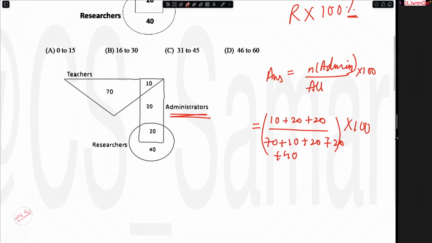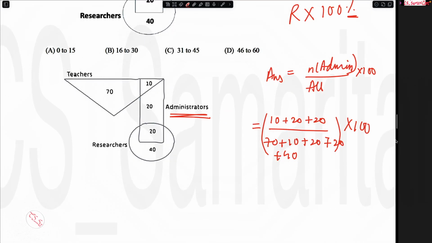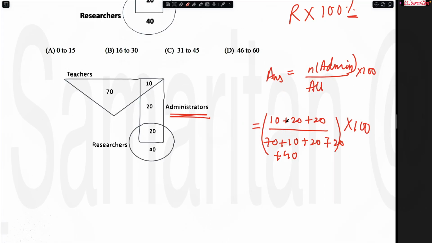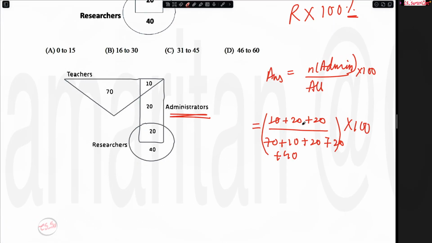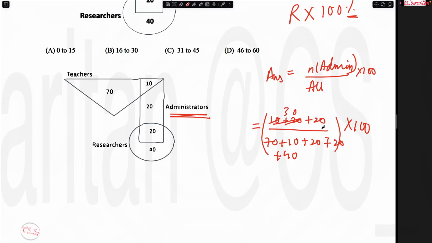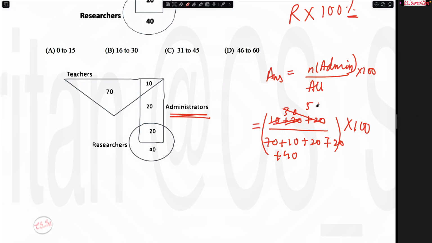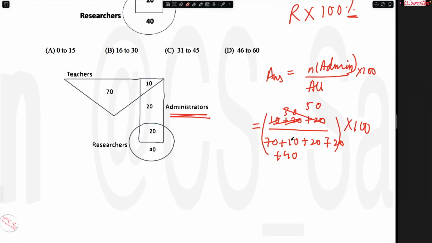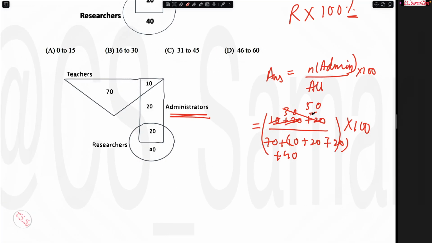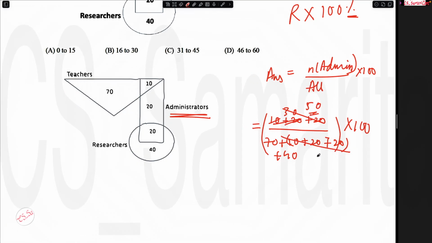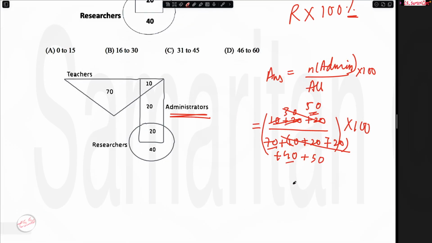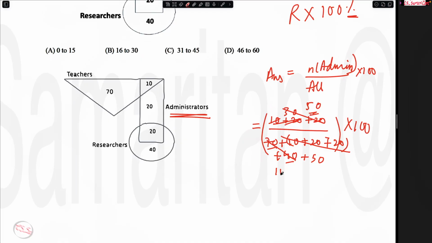In the examination, you would be given a calculator also, but over here, because the addition is very simple, you can do it directly, because feeding numbers into a calculator also takes some time. So 10 plus 20 gives you 30. 30 plus 20 gives you 50. So the numerator is 50. This region, 10 plus 20 plus 20, is something that we found out, so let's remove it from here and just add 50. 70 plus 40 gives you 110.